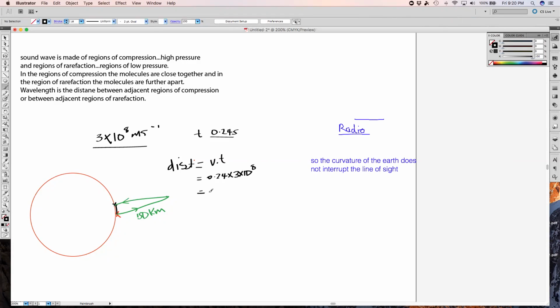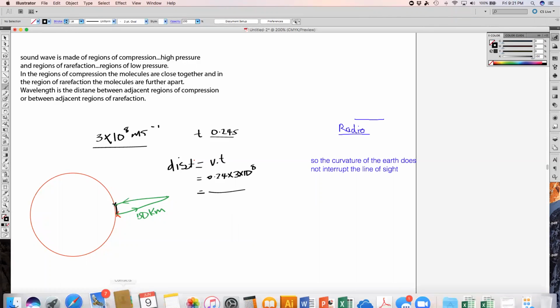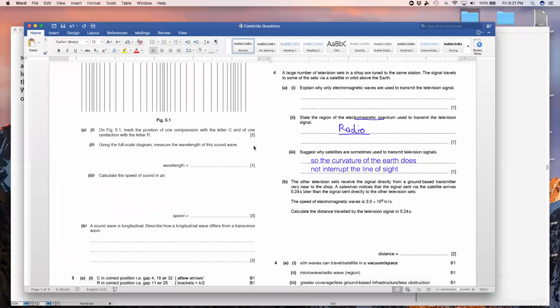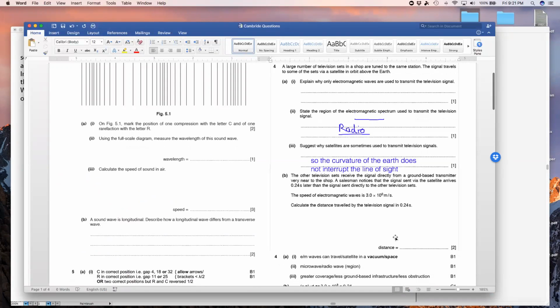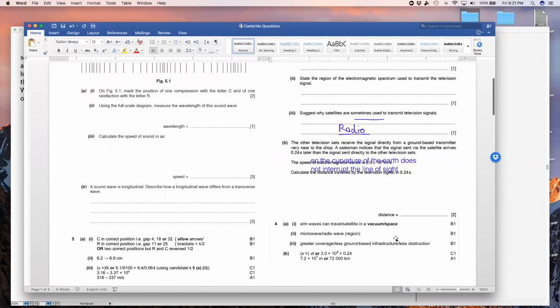And that will give you how far the return journey is. It will give you the return journey of this signal going up and coming back down. So that's 2 marks.